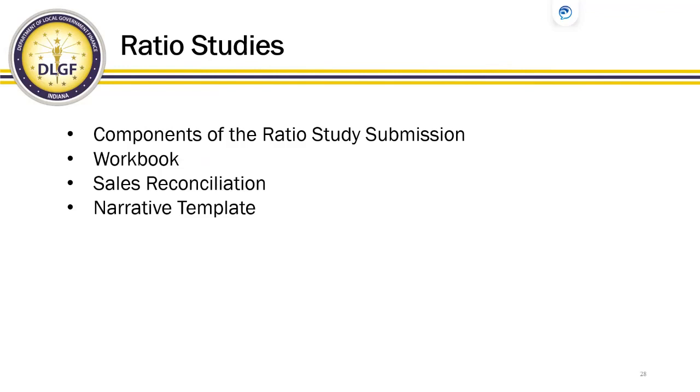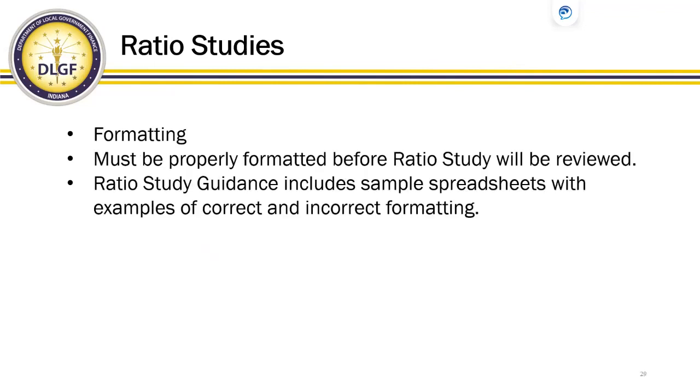Your ratio study would also include the workbook. The workbook would show all the assessed values, the sales reconciliation file, and then the narrative template. And the narrative template is key, and we'll get into several things about the narrative here in a couple of minutes.